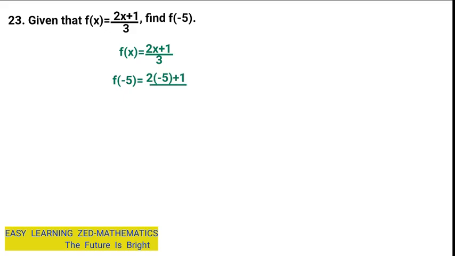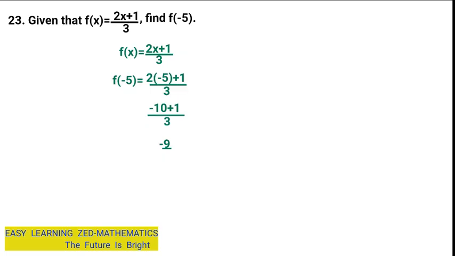Then I'm going to evaluate 2 times negative 5, which will give me negative 10 plus 1 over 3. Then I'm going to add negative 10 plus 1, which will give me negative 9, which will be over 3.